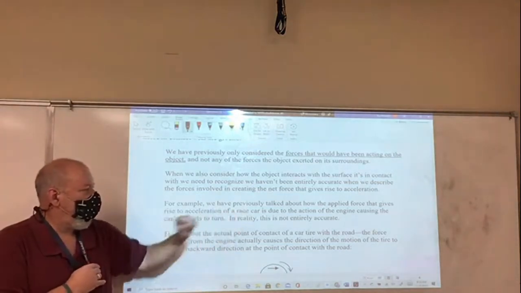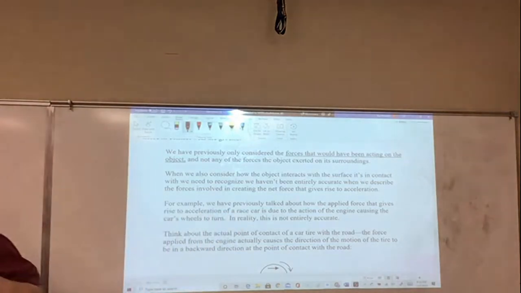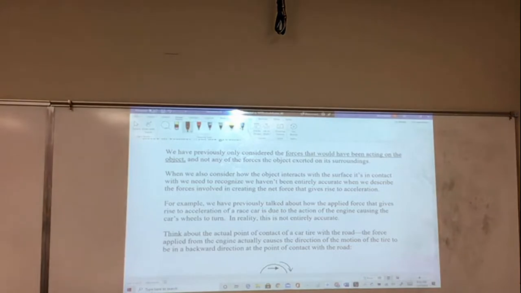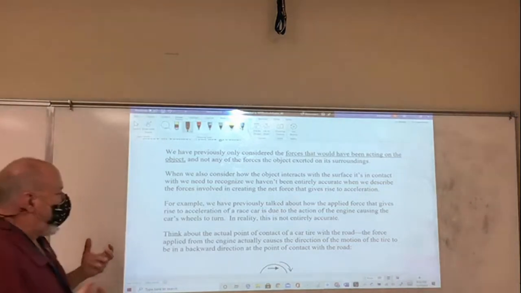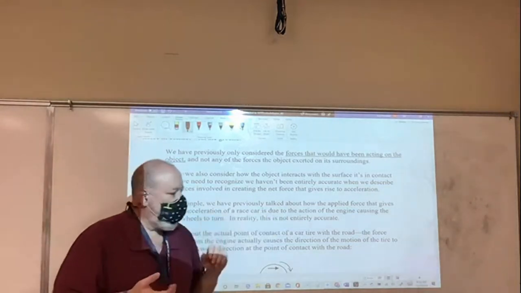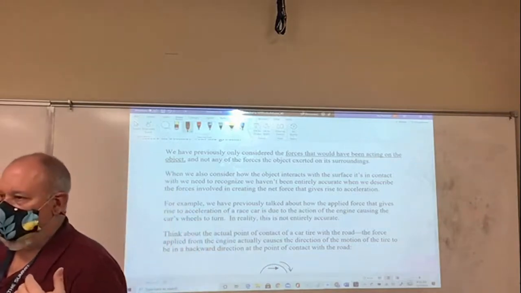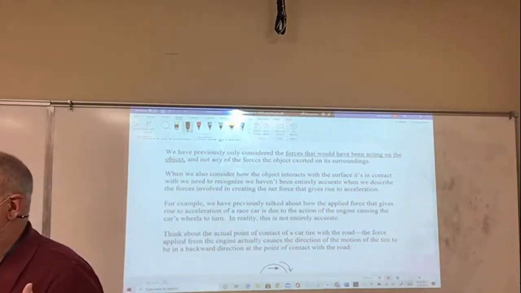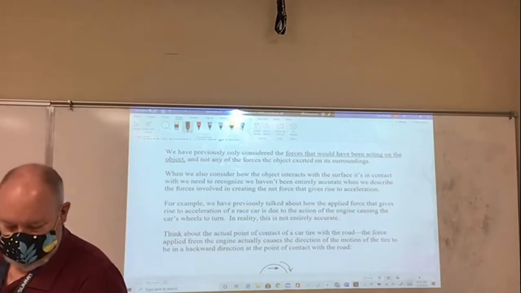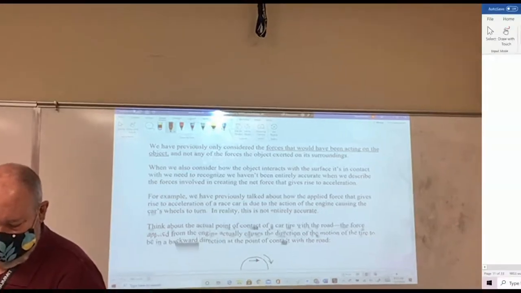So we might have previously talked about how an applied force gives rise to an acceleration of a race car. The race car has an engine, and the engine applies force to the wheels, and that's what causes us to go forward. But that's wrong. It's not entirely accurate.